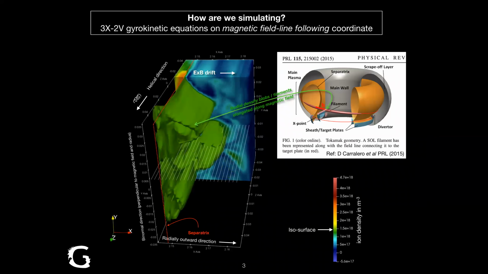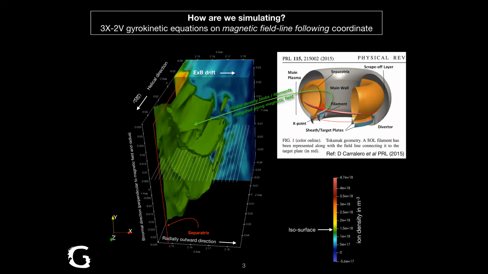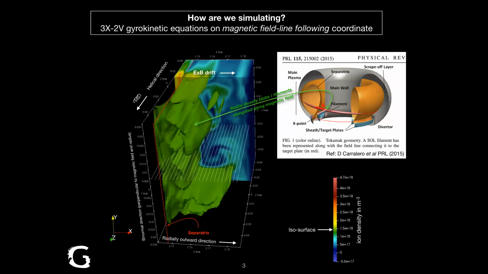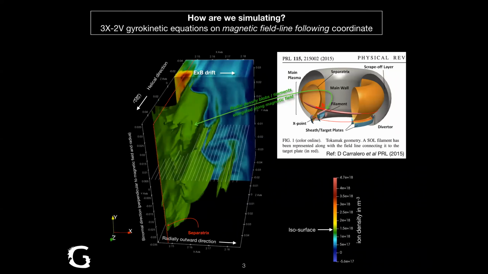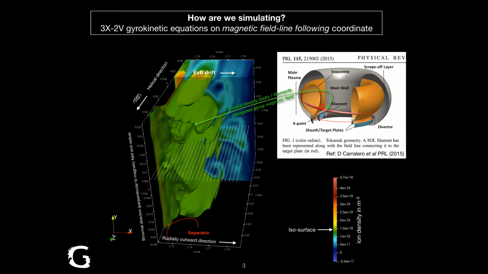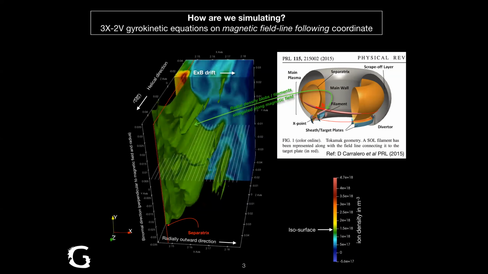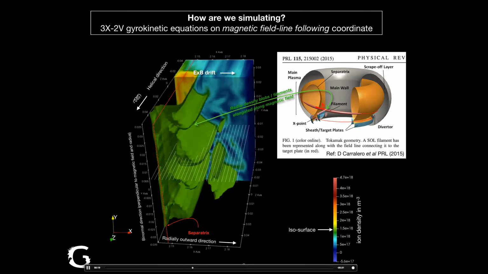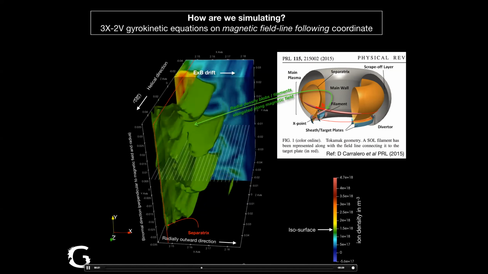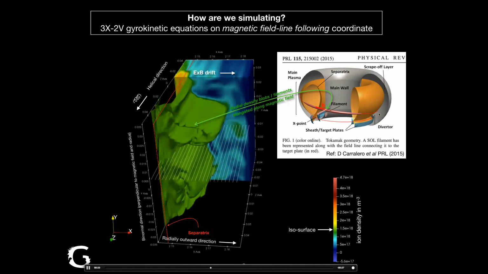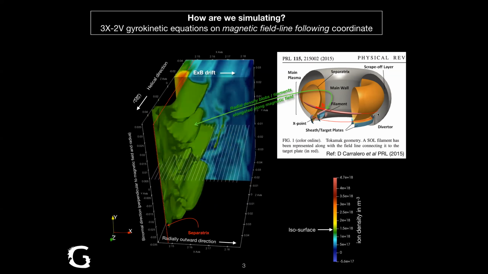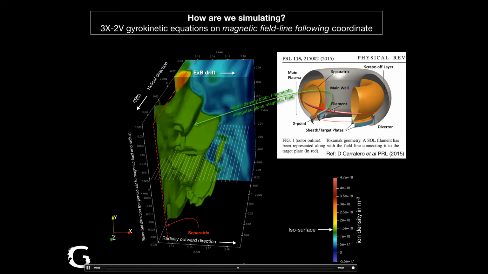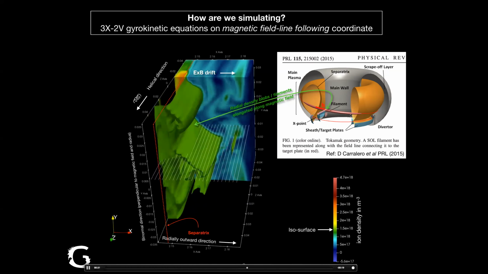How are we simulating? We are simulating the 3x2v gyrokinetic equations on magnetic field line following coordinates. That is, the z-axis is the magnetic field line following direction in our simulation. The red thin line in the right figure denotes the magnetic field line wrapped toroidally in the SOL, or scrape-off layer, region.